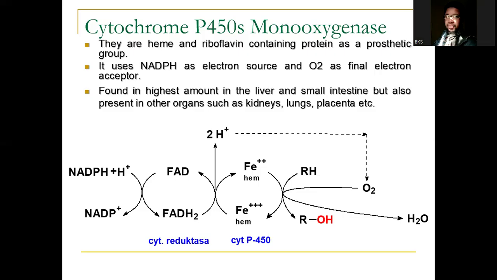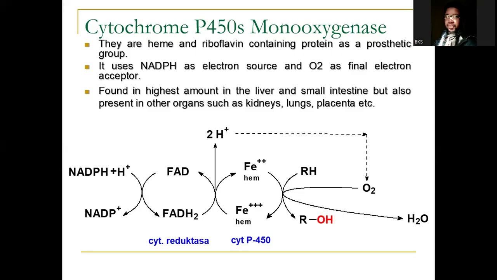This process leads to the splitting of the oxygen molecule, where one atom reacts with the protons to form water, while the other atom is attached to the xenobiotic. So initially it's RH, now it becomes ROH.